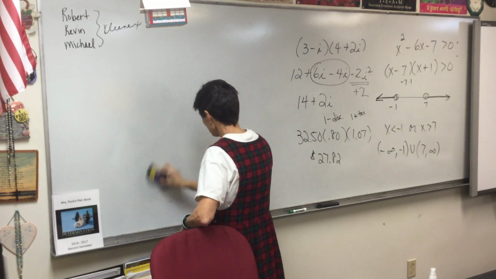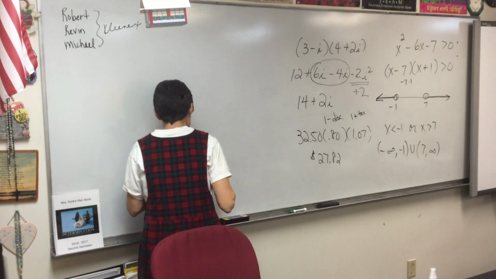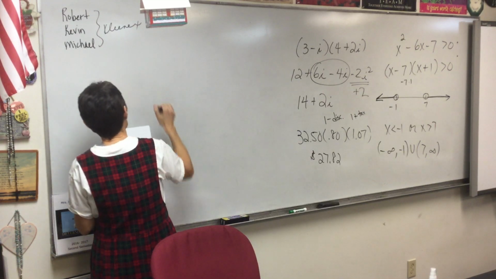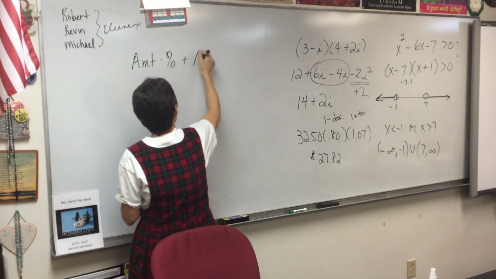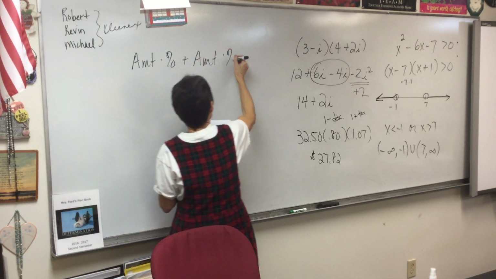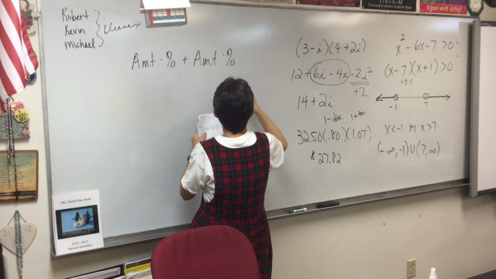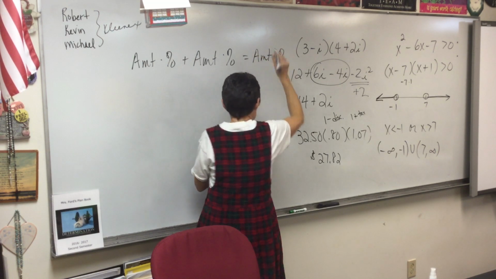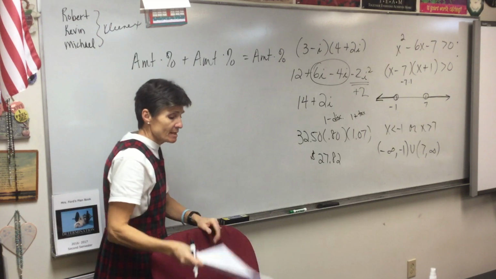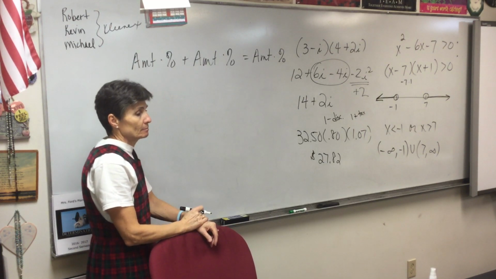Alrighty. How much 15% OJ needs to be mixed with 18 gallons of 20% OJ to end up with 16% OJ?